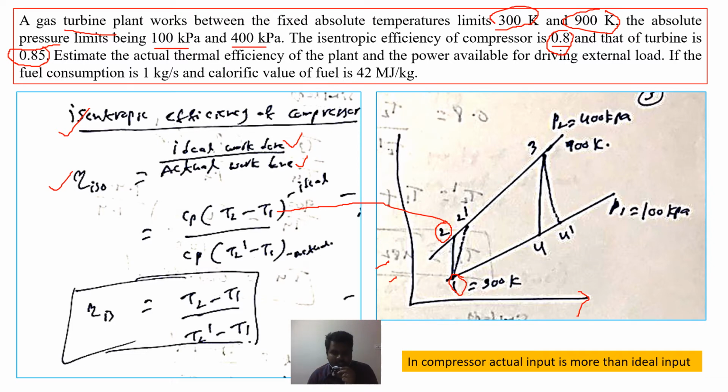Actual work done is 1 to 2 dash, so I have written here Cp into T2 dash minus T1. Here Cp gets cancelled. So isentropic efficiency of compressor equals T2 minus T1 divided by T2 dash minus T1.